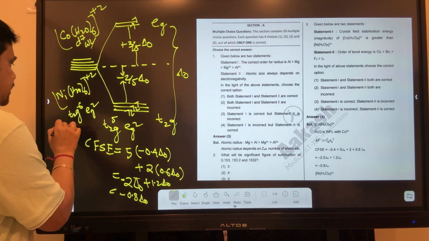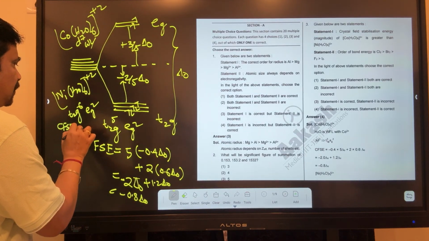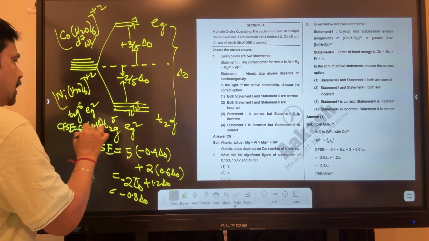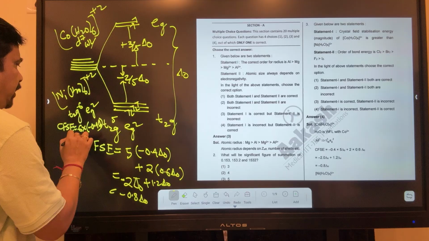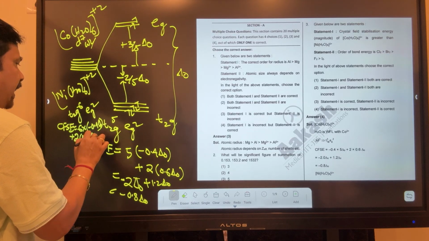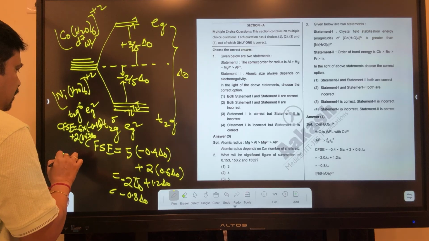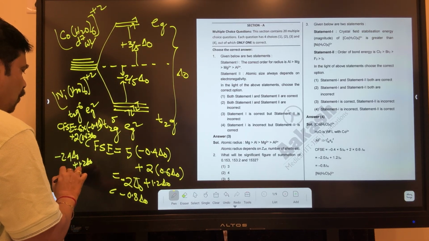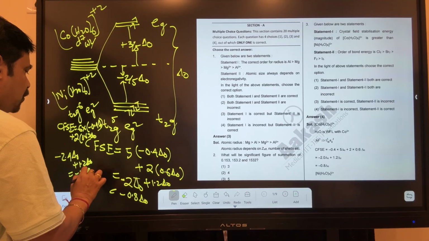Then my CFSE expression will be 6 times -0.4 delta naught plus 2 times 0.6 delta naught, which gives -2.4 delta naught plus 1.2 delta naught. Overall the value comes to -1.2 delta naught.